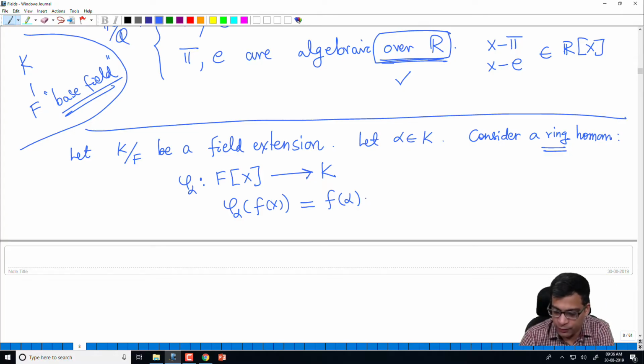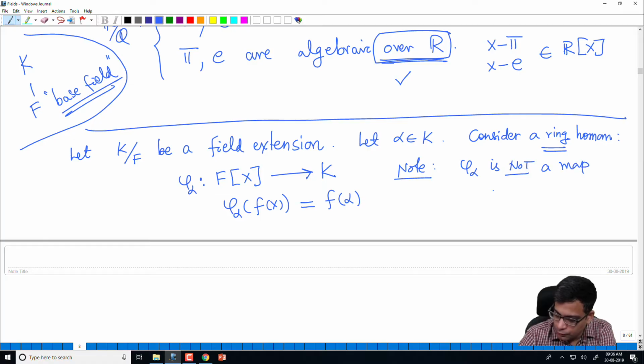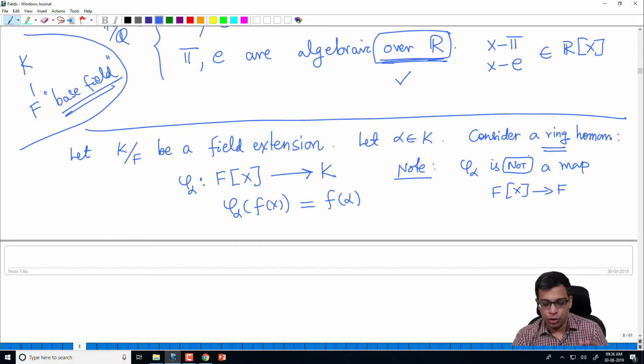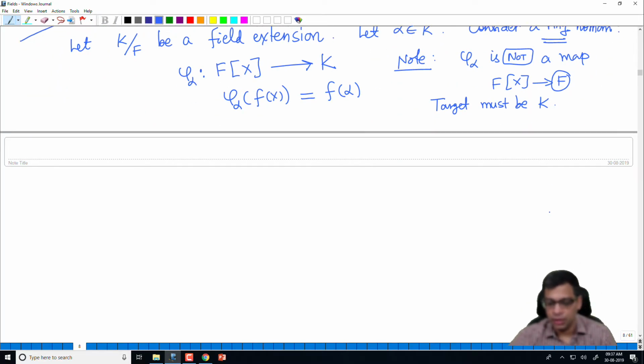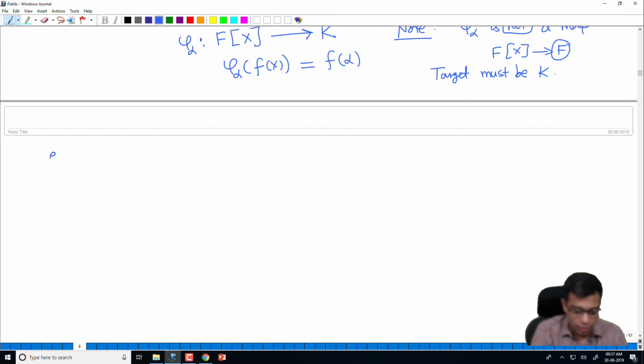So f(x) goes to f(alpha). It is very important to note that phi alpha is not a map from F[x] to F, because when you compute f(alpha), though the coefficients of f are in capital F, alpha is not necessarily in capital F, alpha is in K. So the target must be K, because f(alpha) is in K, not necessarily in F.